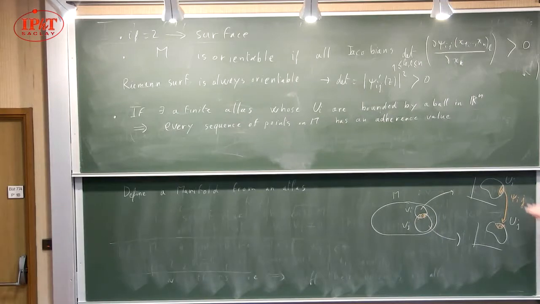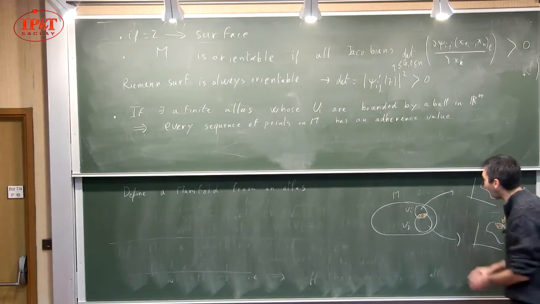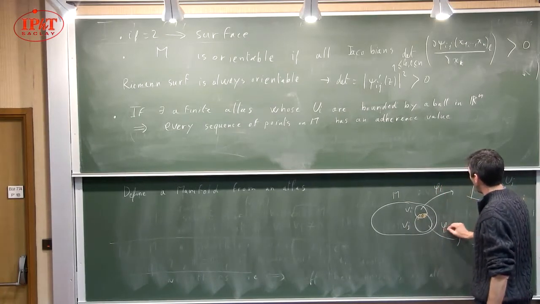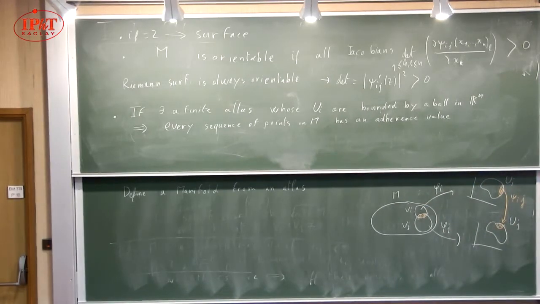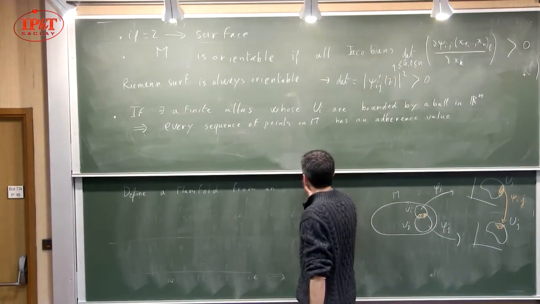Now imagine that you give yourself only a set of open sets of Rn with their transition maps, the psi ij's, and you don't have M beforehand, you don't have the Vi's, you don't have the phi i's, you just have the right side. So you just have a collection of open sets of Rn and transition maps. Can you define a manifold? This is what I will call an abstract atlas.